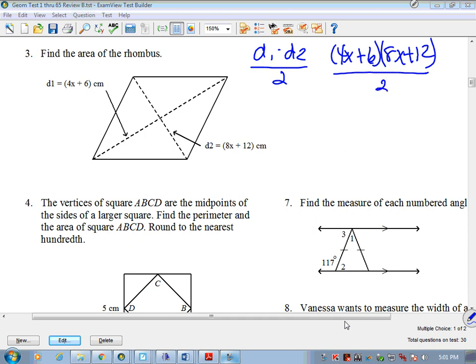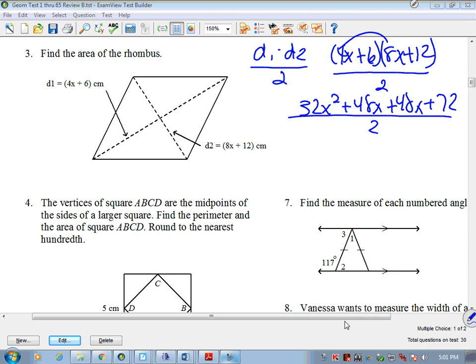So 4 times 8, what do we get there? We should get 32x squared. Then we get 4x times 12, which is 48x. 6 times 8, that's 48x. And 6 times 12 is 72.